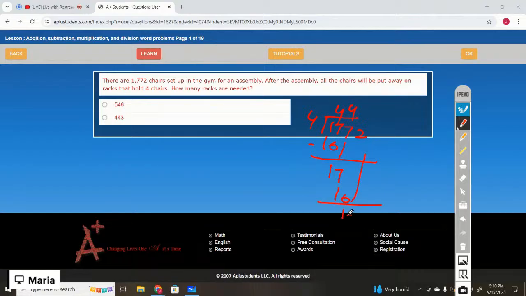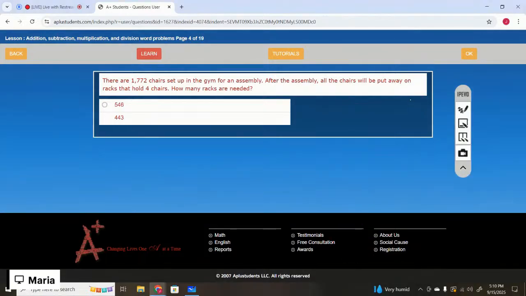Now bring 2 down. 4 times 3 is 12. So that is 443. Option number 2 is the correct option, that is 443.